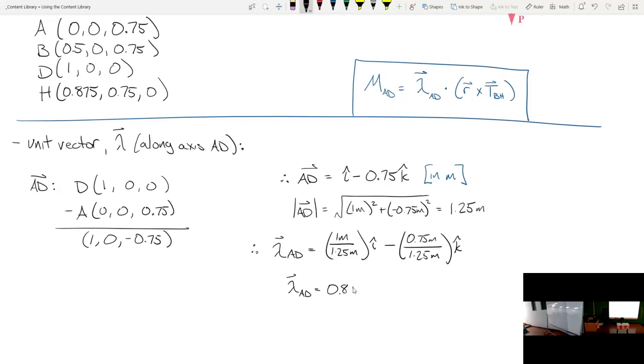Times I minus 0.6 times K. And what are the units for that? There are none. That's unitless. So there's one of our vectors.